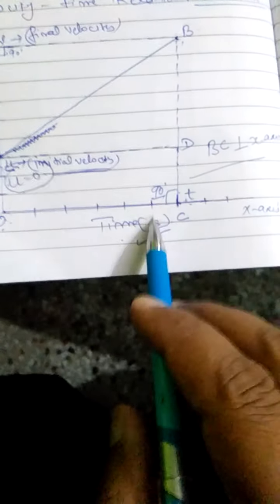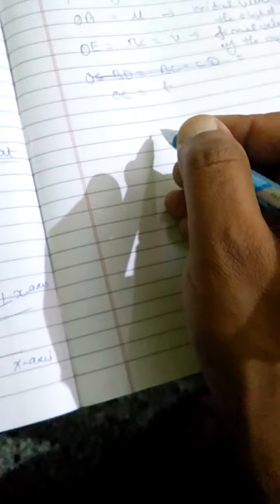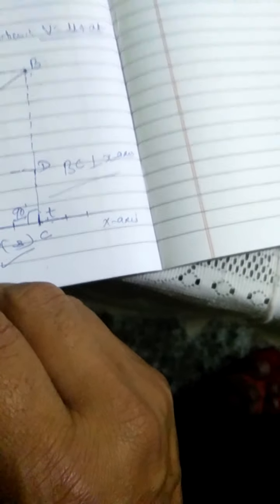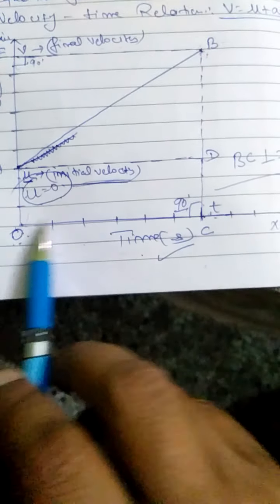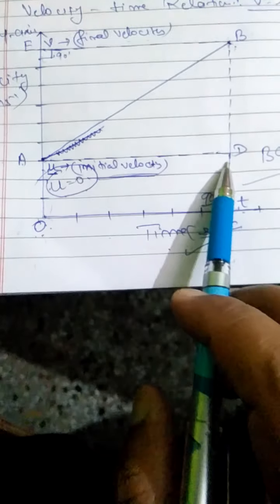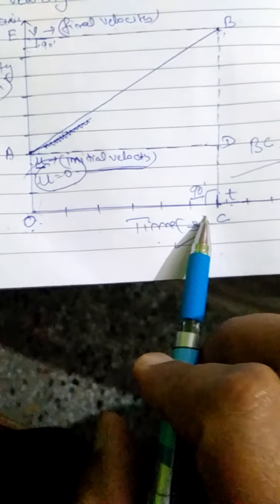At time T the object reaches point B, OC is equal to T. Now what will we do here, we will draw AD. Look at here, AD parallel to OC. Understand beta? AD parallel to OC.